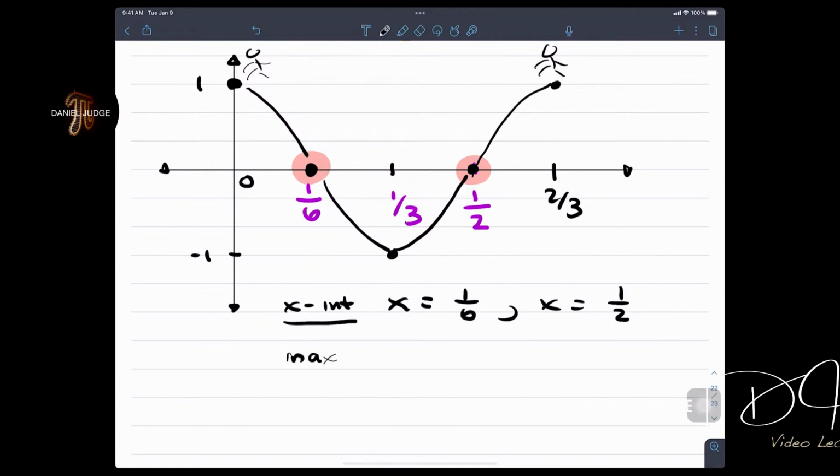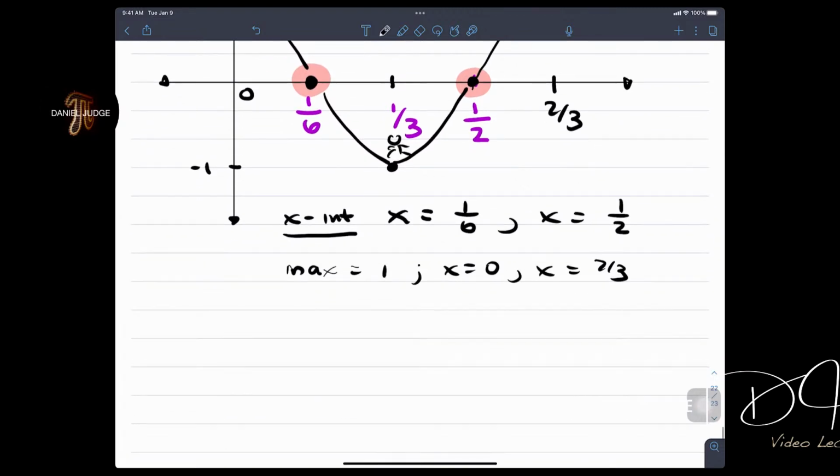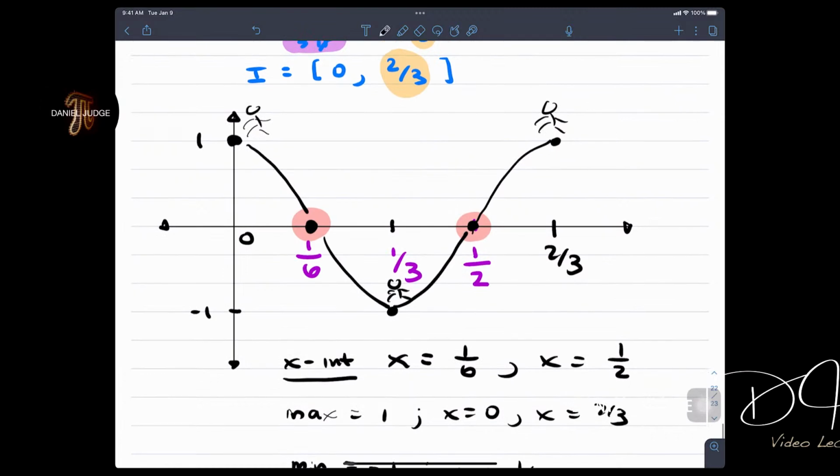That maximum value is the amplitude. It's 1. It happens when x is 0 and when x is 2/3. In between, you're at a minimum value. The minimum value is -1, and that happens when x is 1/3. So there you go, ladies and gentlemen. There it is.